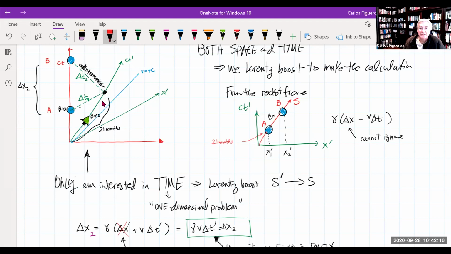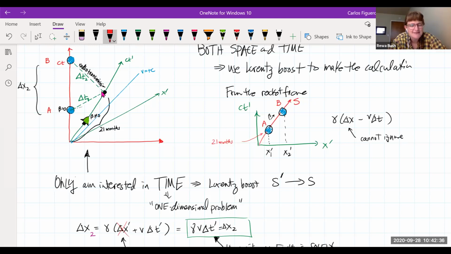Well, that's because originally the calculation that we did for the 21 months, we assumed that the rocket was not moving, and it takes 21 months here in order to go from here to there along the time axis, so the rocket is not moving.